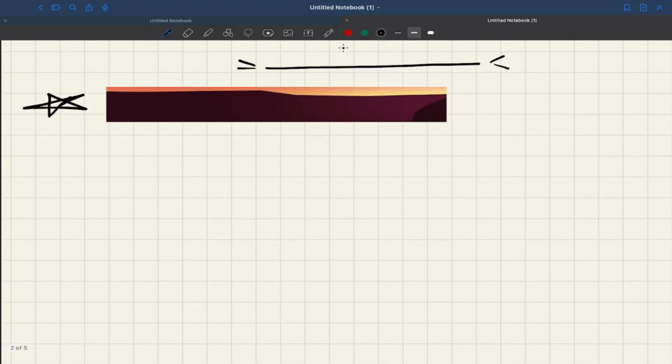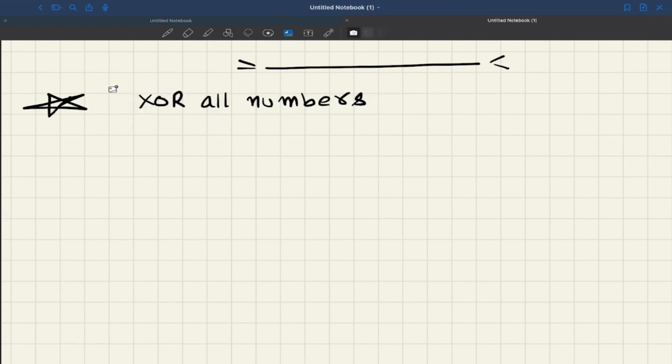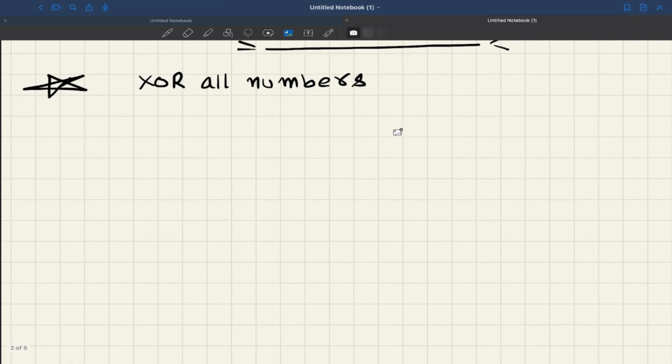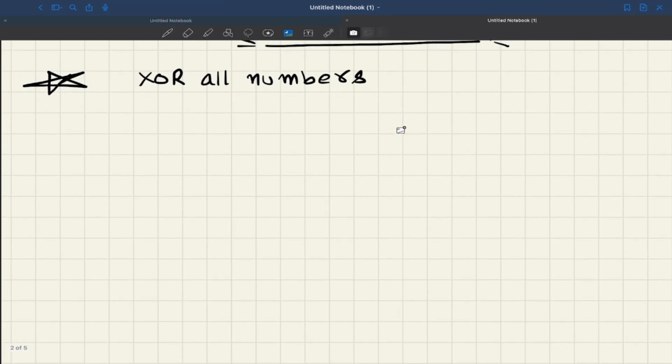Now in our problem, it is given that every number is repeating twice except two numbers. Each number has its duplicate except two numbers. So it is something like this.